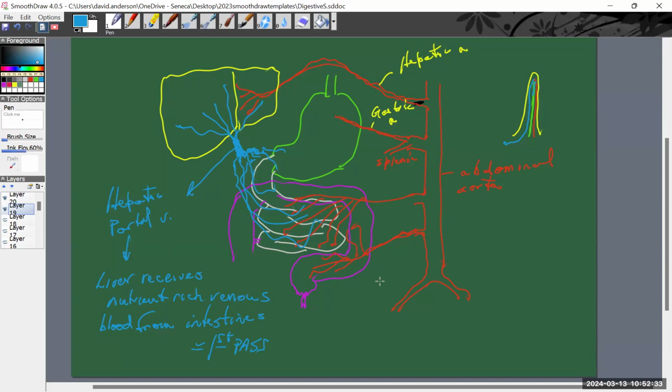In other words, the nutrients that are being absorbed from the small intestine go to the liver first. And that means the liver gets to use them first. So that's going to be part of the metabolic responsibilities of these hepatocytes.